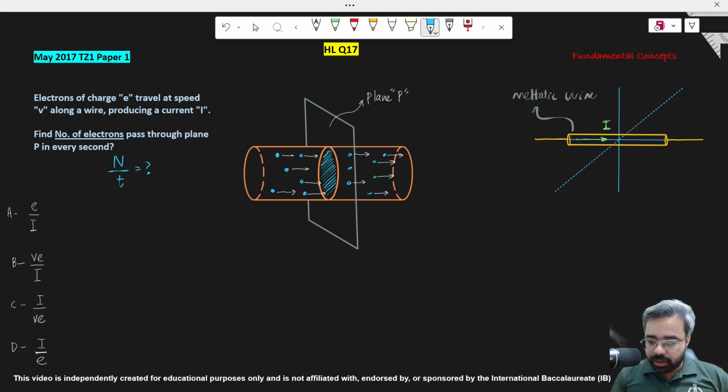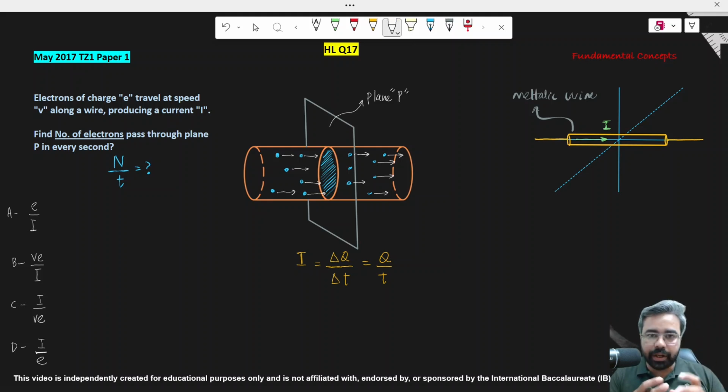We will start from the simple definition of current, which you know: I is equal to the total charge that flows through this cross-sectional area, through this plane, per unit time, which you can also write as Q over t. I told you that this charge Q is not a single electron.